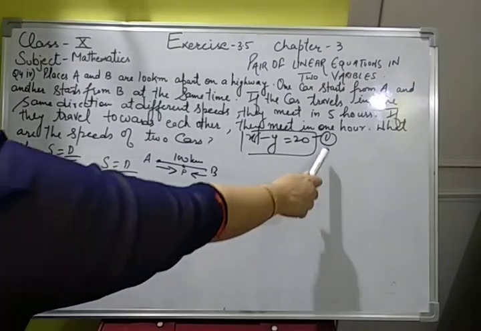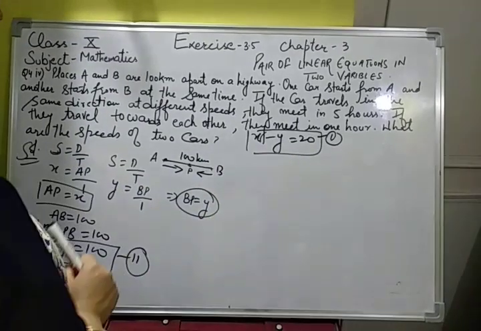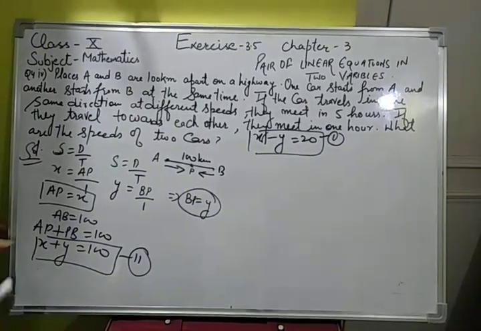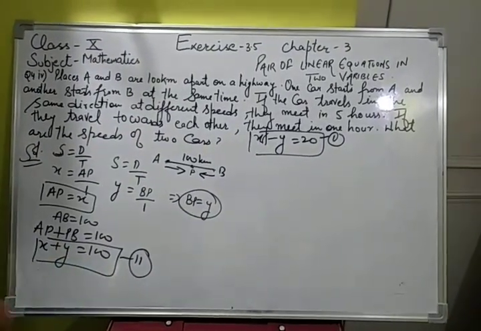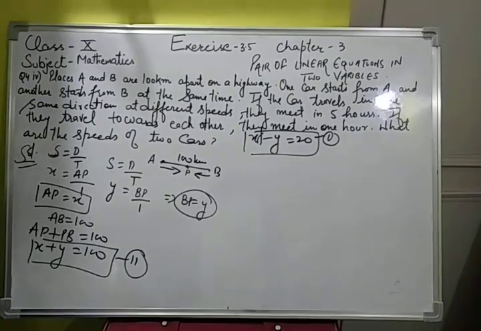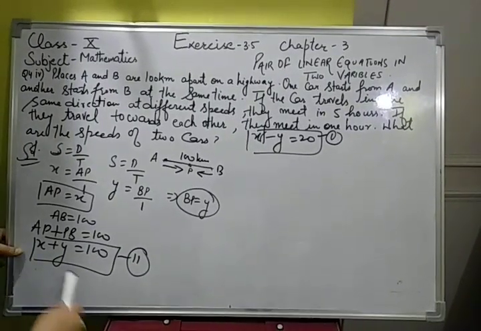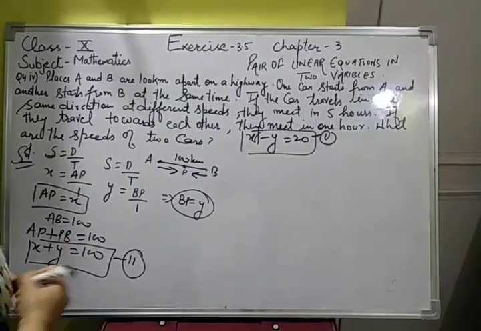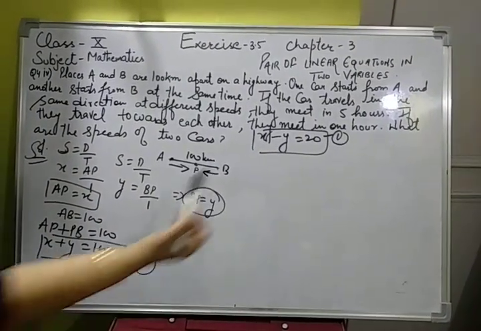Now your equation number 1 was x minus y is equal to 20 and equation number 2 is x plus y is equal to 100. We can use any method to solve it. So we can simply add these two equations, since we have plus y and minus y.